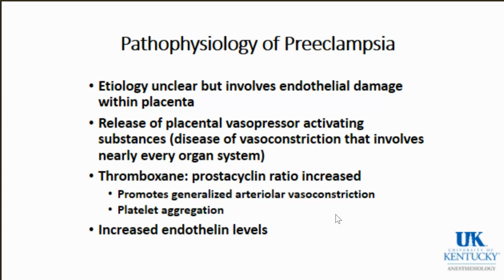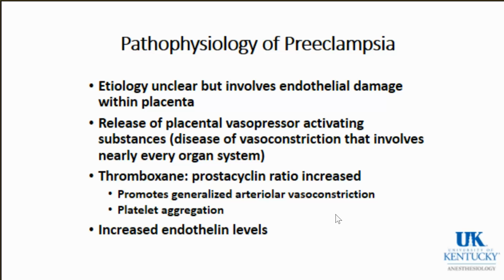In terms of the pathophysiology, the etiology is unclear exactly, but we do know that it involves endothelial damage within the placenta, and as a result of that damage, there's release of placental vasopressor activating substances, and that's why preeclampsia is generally considered a disease of vasoconstriction, and it really can affect any and every organ within the maternal system.